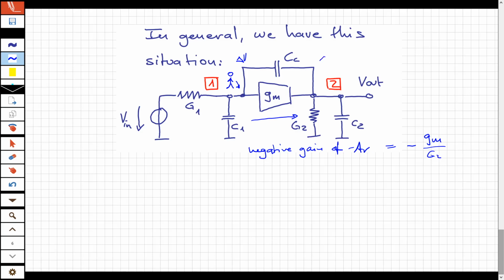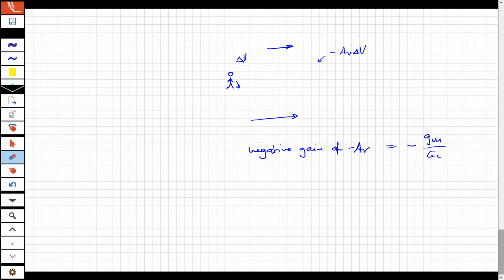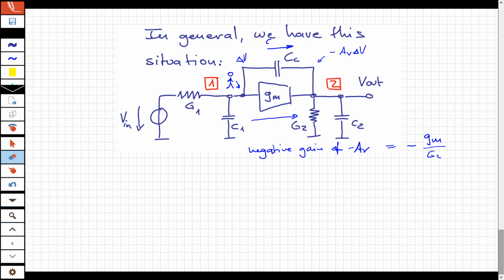Then at this node here, the voltage changes by minus the voltage gain, delta V. So the voltage drop over this capacitor is, now the CC comes later. Yeah. So the voltage drop here is delta V times 1 plus AV.